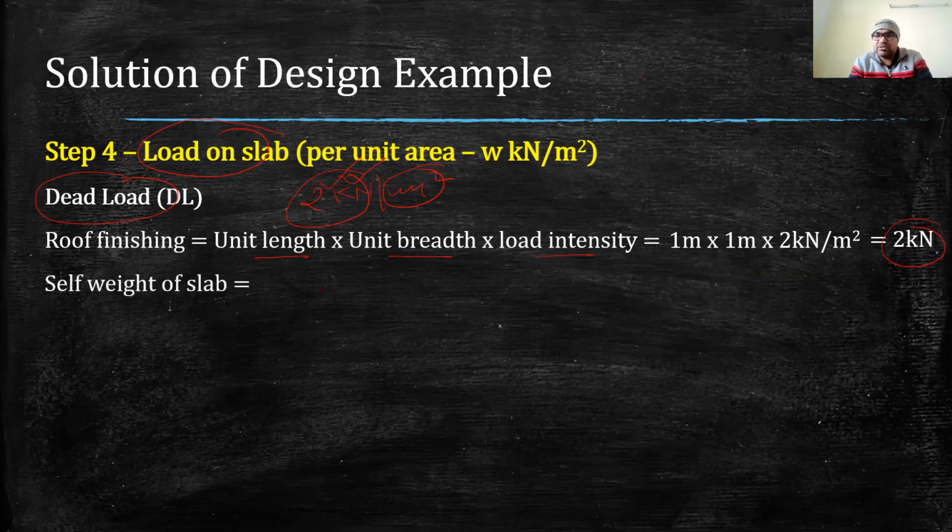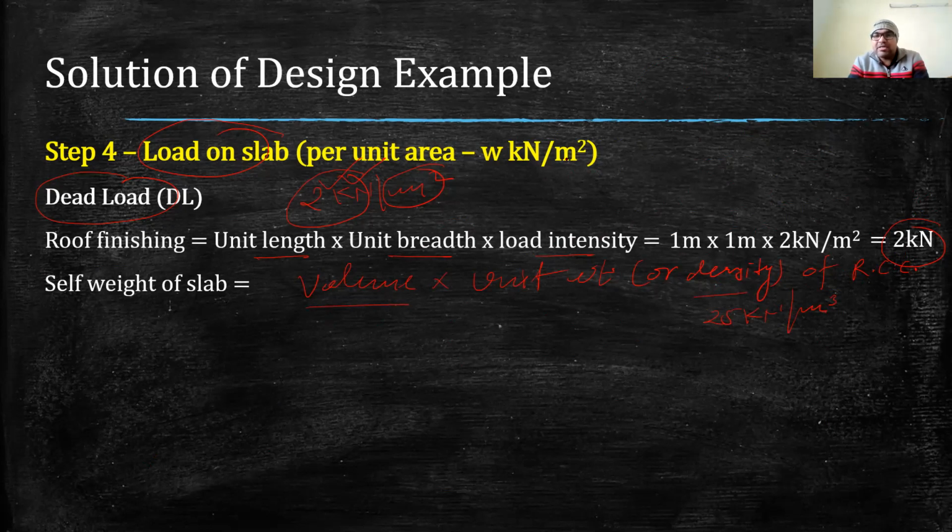Similarly, we will find out the self weight of slab. Self weight of slab can be calculated by the formula volume multiplied by unit weight or density of RCC. The density of RCC is 25 kilonewton per meter cube, and volume will be length multiplied by width multiplied by thickness.